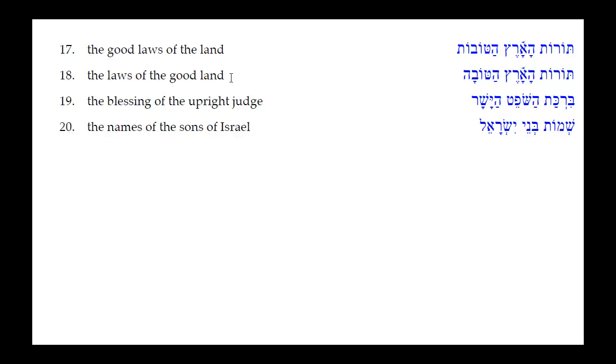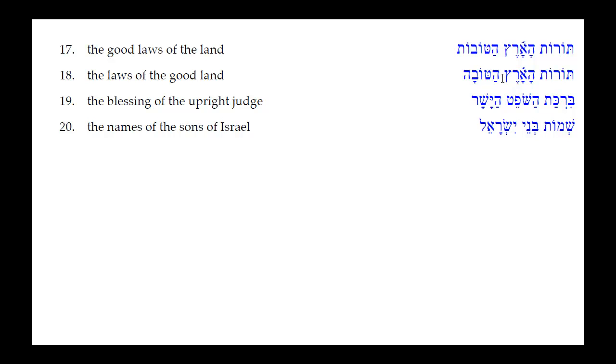Now we're going to switch the good land in laws. We got the laws, which is the construct noun here, and then we have land, which is the absolute noun. So we have good, an adjective modifying the absolute noun land. So we would say Torot ha'aretz, just like we did before.